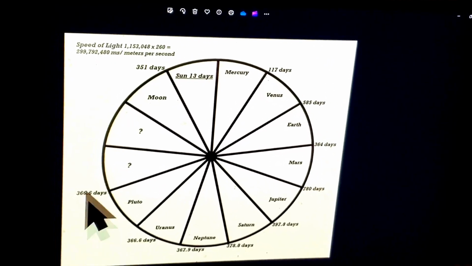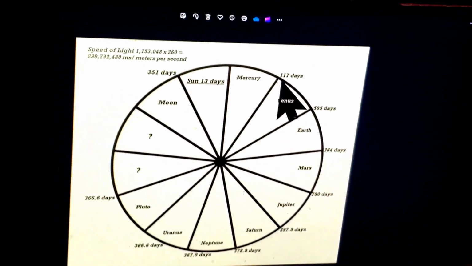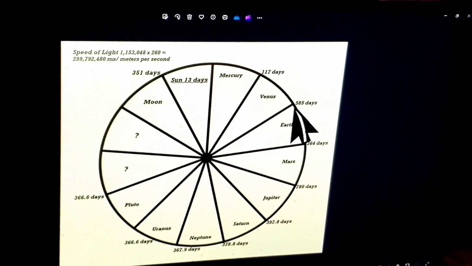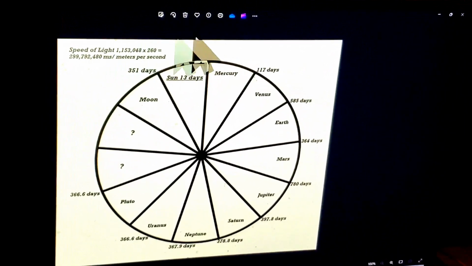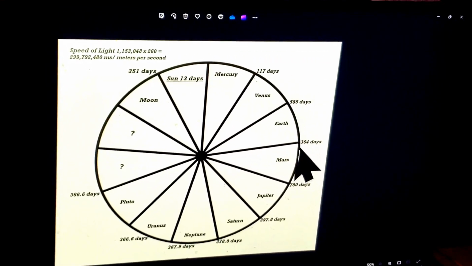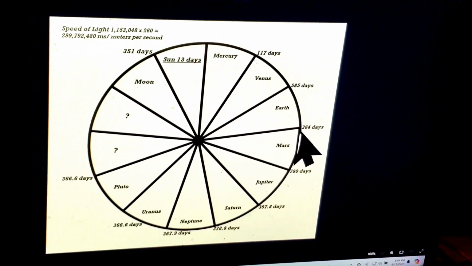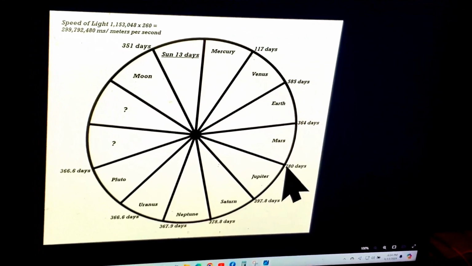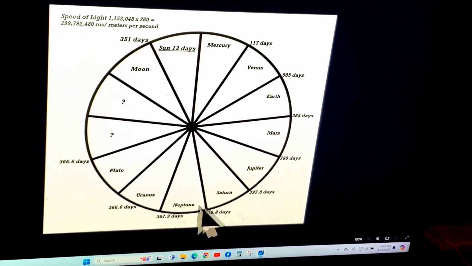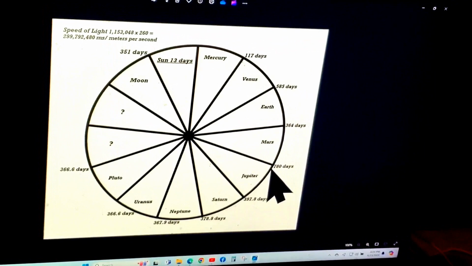In other words, back to itself. There's Venus, 585 days. It goes all back to itself. There's Earth, 364 days, all the way back to itself. There's Mars right here, 780 days. We're just talking about it. 780 days, and it's back to itself.